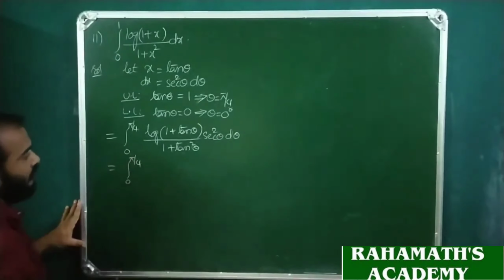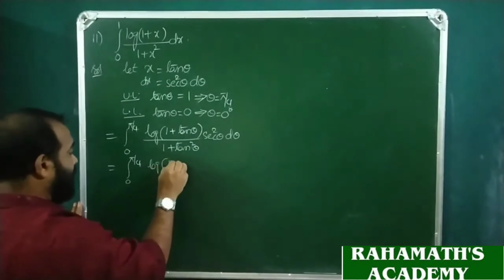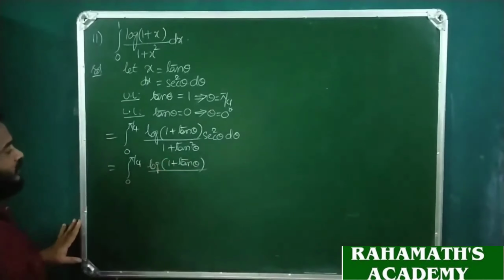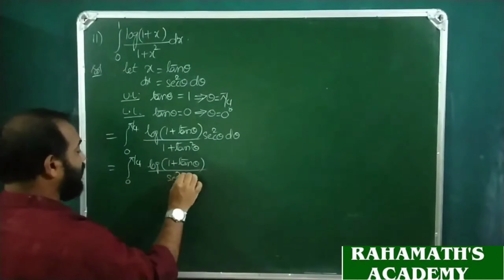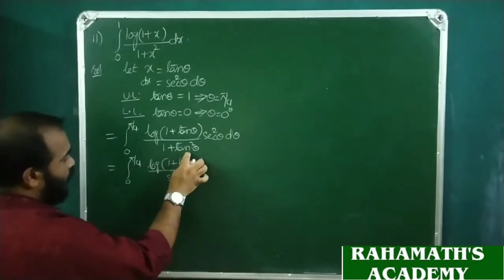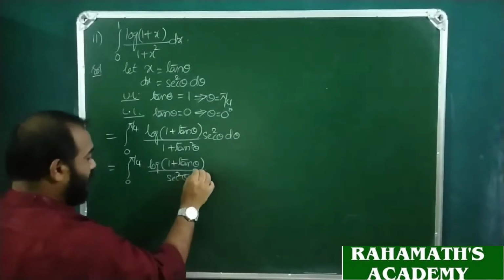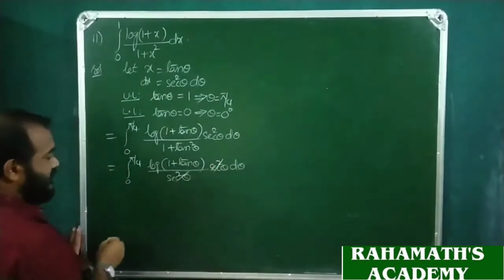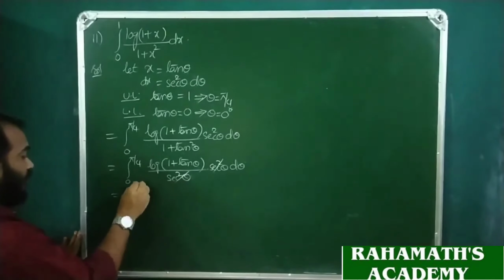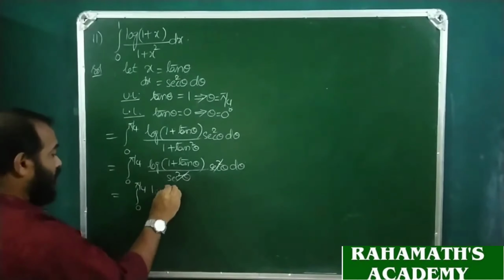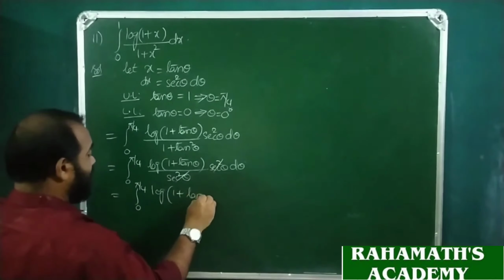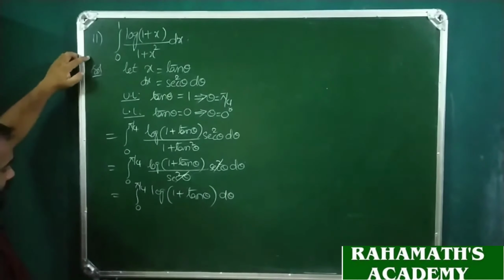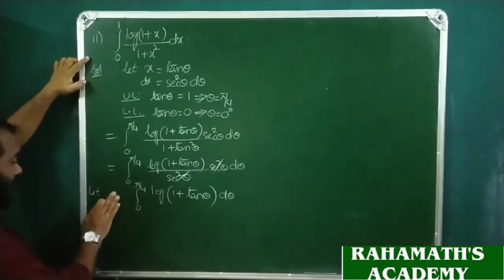That equals integral 0 to pi by 4 of log(1 plus tan theta) by (1 plus tan square theta), which is secant square theta, because secant square theta minus tan square theta is 1, into secant square theta d theta. This gets cancelled. We are left with integral 0 to pi by 4 of log(1 plus tan theta) d theta. Let me take this to be I.